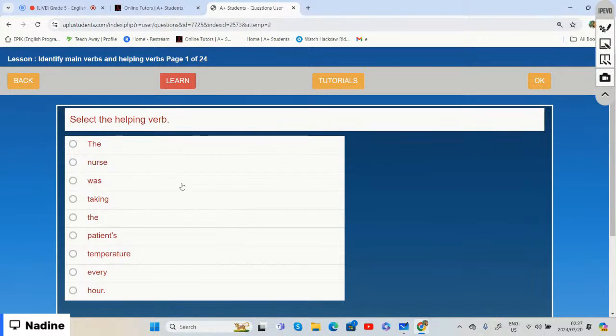All right, so when we say we need to take the helping verb, it says the nurse was taking the patient's temperature every hour. We need to select the helping verb within that sentence.